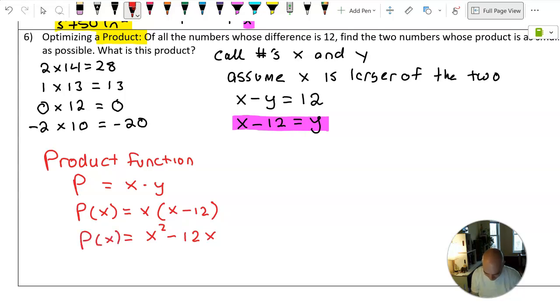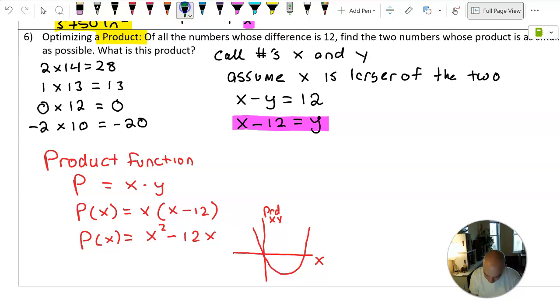And let's, again, carefully think about what we're looking at here. This is going to be a parabola. This time it's a parabola opening upwards. Probably something like this, where this is x, and this is the product of x times y.